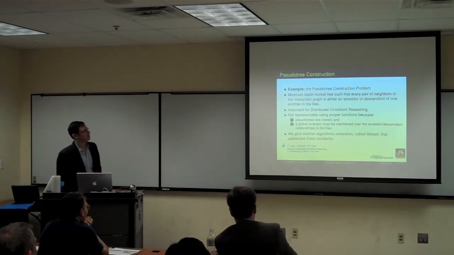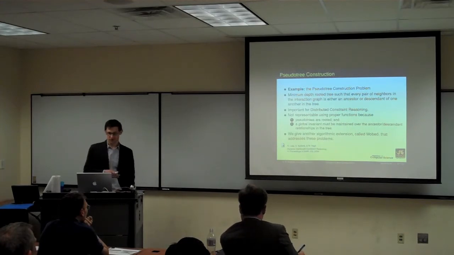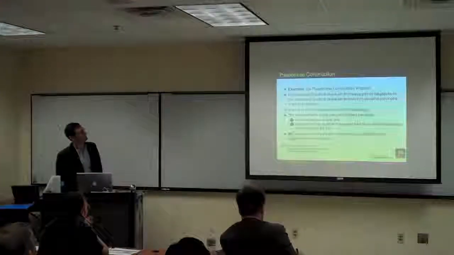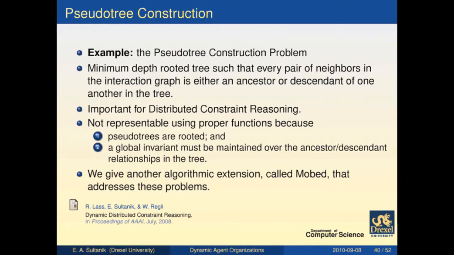Recall from my proposal, if you were there, that the pseudo-tree construction problem is to find a minimum depth rooted tree such that every pair of neighbors in the interaction graph is either an ancestor or descendant of one another in the pseudo-tree.